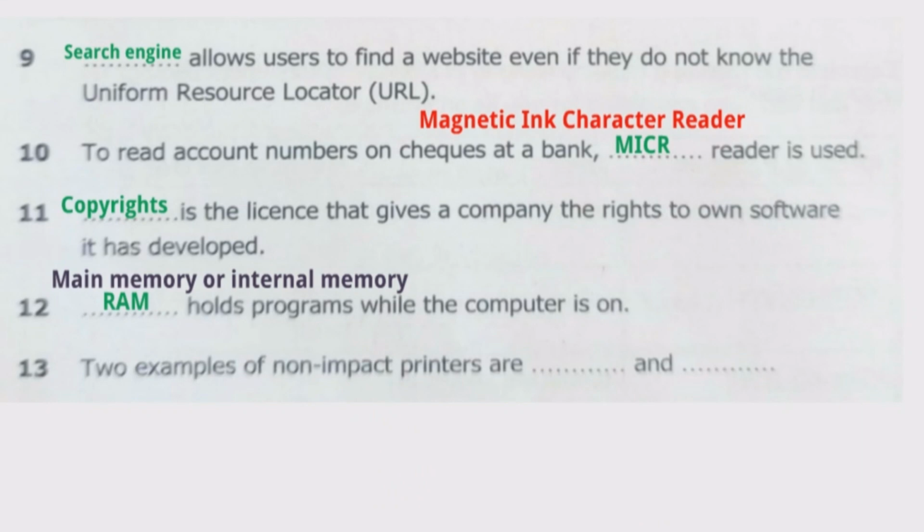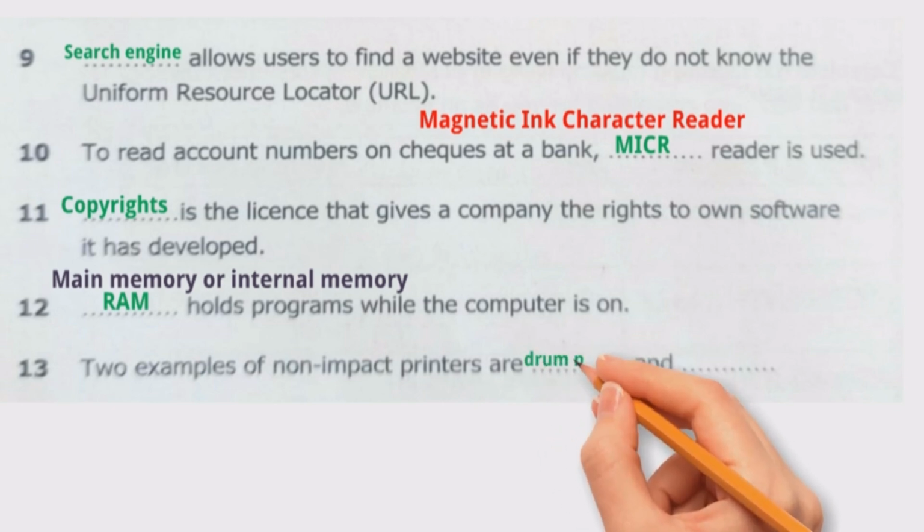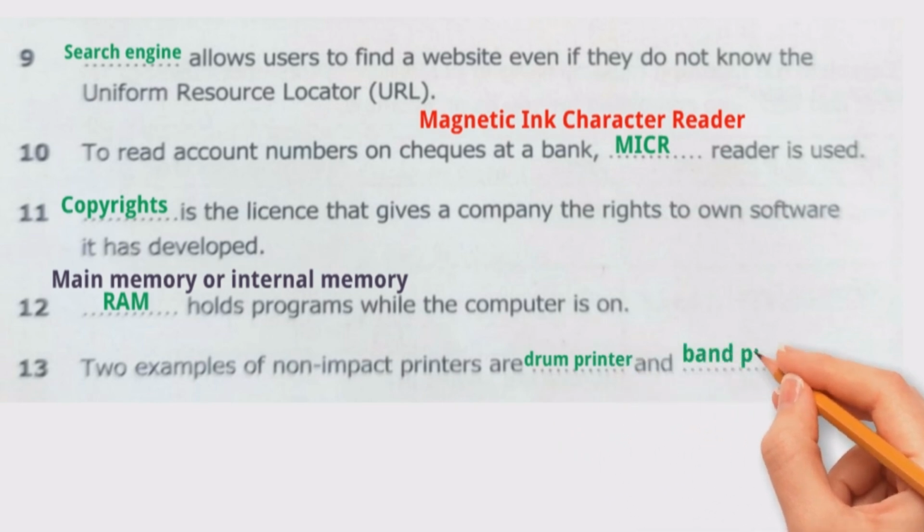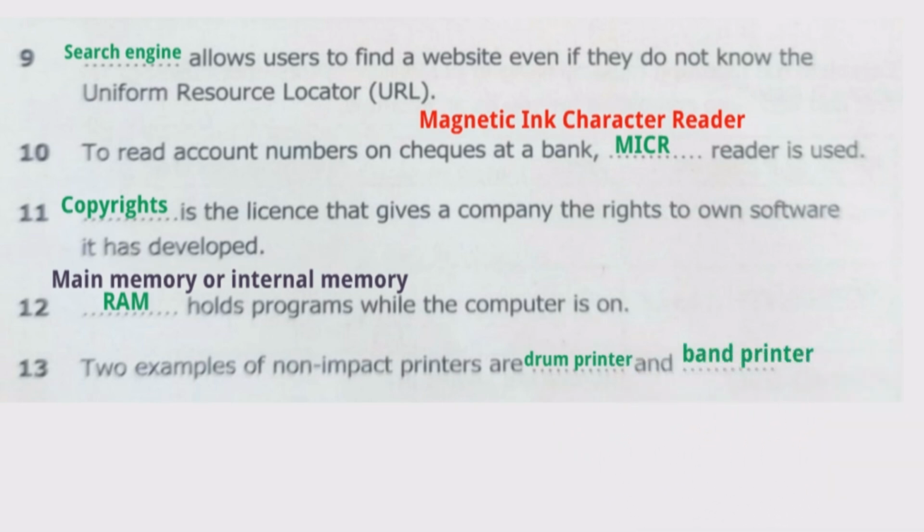Okay, we come to question 13, which is: two examples of non-impact printers are. One, you can write drum printer and band printer, or you can also put inkjet.